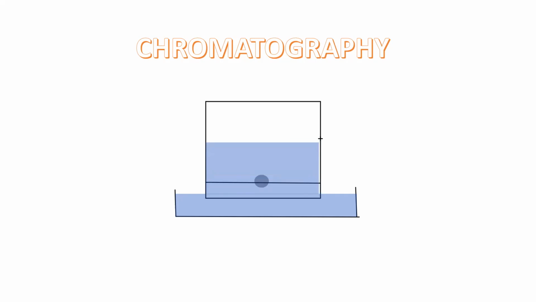As the solvent is rising, the spot will move from the origin to a new position. But if we are able to see only one spot, it means that the substance is pure. But if we are able to see more spots, it means the substance is impure. Is it clear how chromatography can be used to identify the type of substance, whether it is pure or impure?